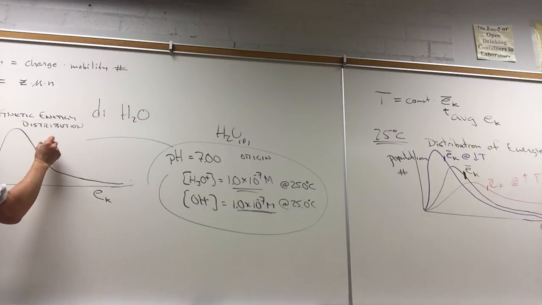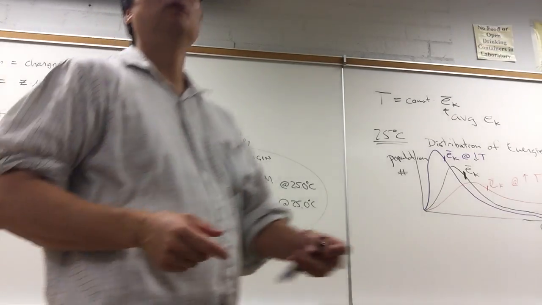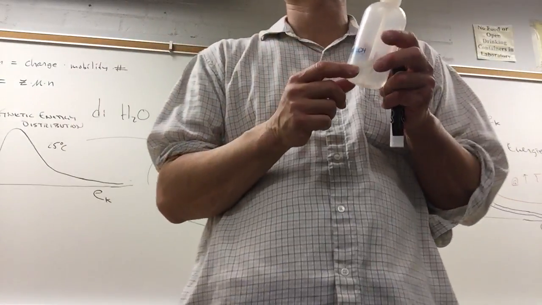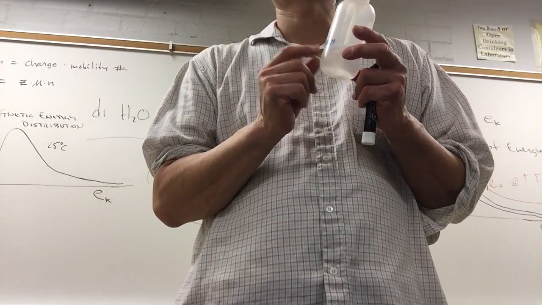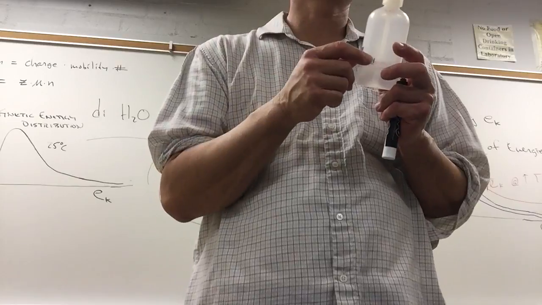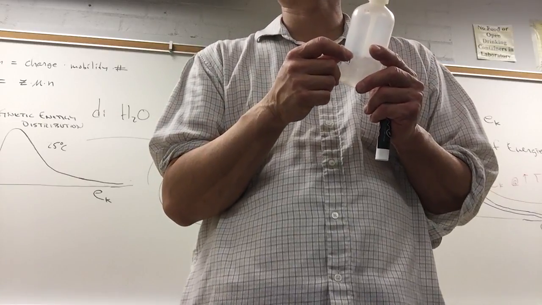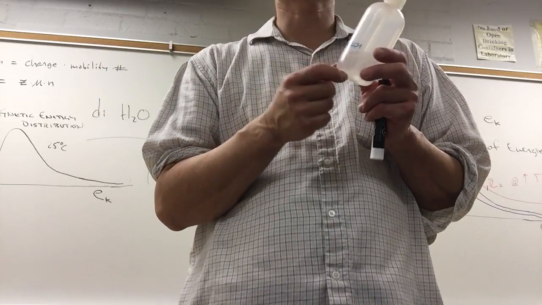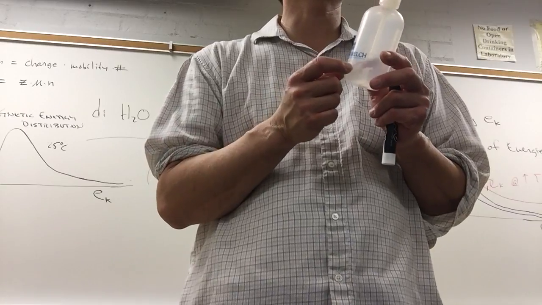And so this is at 25 degrees C. At 25 degrees C, you have water molecules down here. These water molecules are moving slowly. What types of motion do they possess? Each water molecule possesses 3 types of motion. What are they? Translational, vibrational, and rotational.